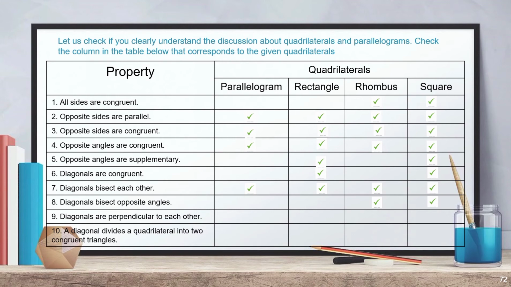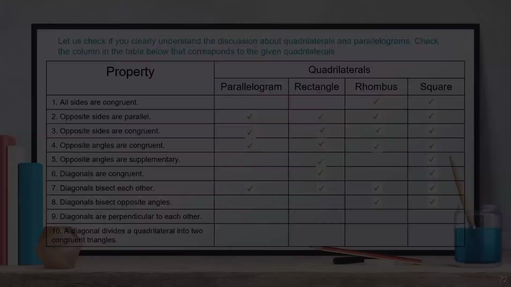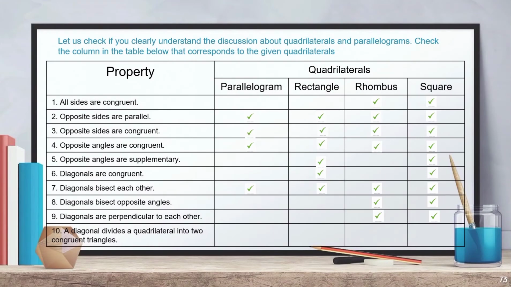Number 9. Diagonals are perpendicular to each other. So we only have rhombus and square. And lastly, a diagonal divides a quadrilateral into 2 congruent triangles. It is true for parallelogram, rectangle, rhombus, and square. So I hope these properties are already clear to you.